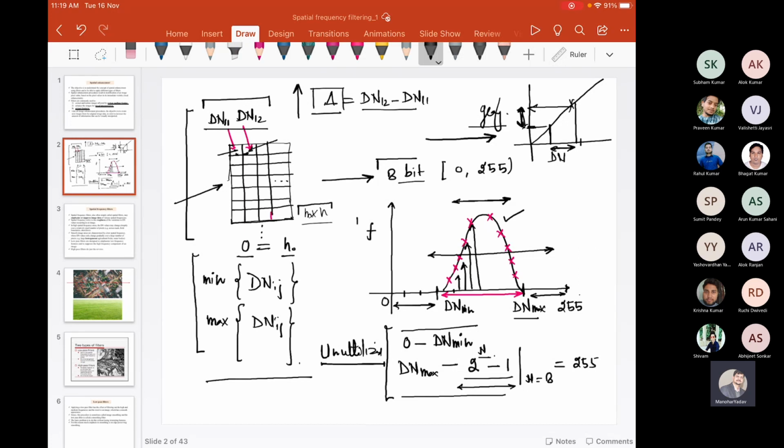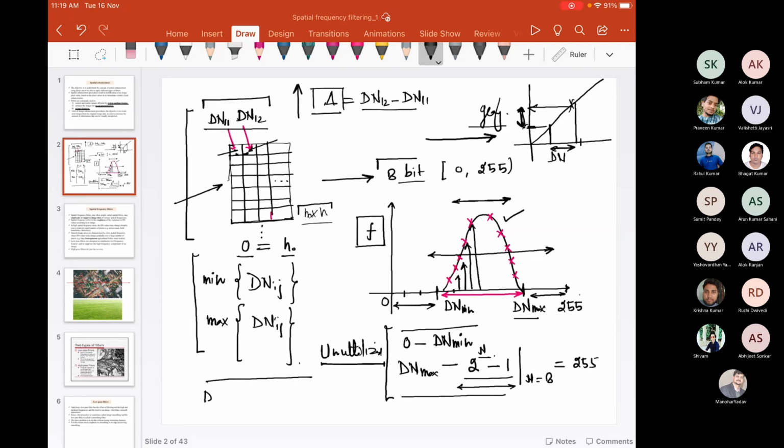Without changing the frequency distribution. The frequency distribution will not be changed. Why is it so? Because it is one-to-one mapping: one DN number you are modifying by passing it through a mathematical equation, and you generate a modified value. What does this mean?